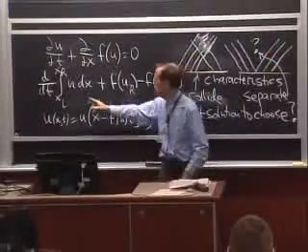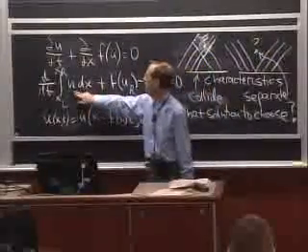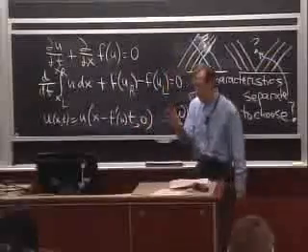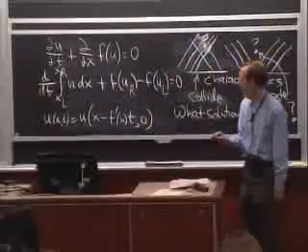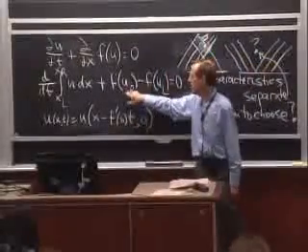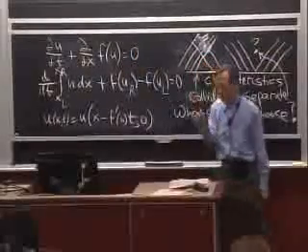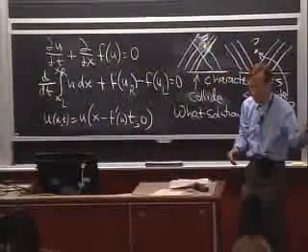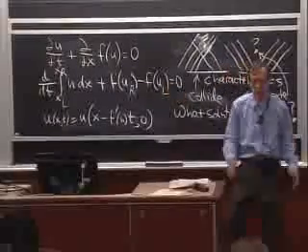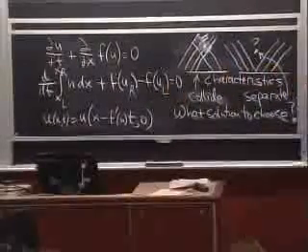That's the quantity that I'm seeing here. So this is the rate of change of mass in the interval, comes from flux going out minus flux coming in. So that's the conservation law in its pure statement.